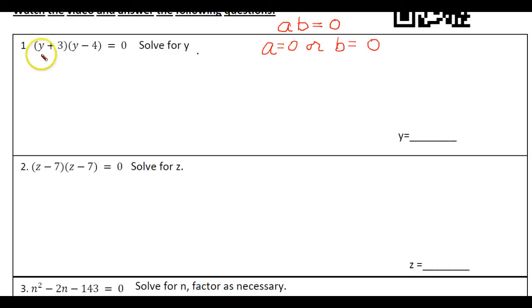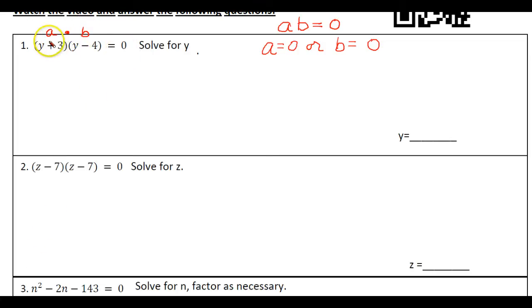So here we see a binomial, which we could think of as A, and this binomial that we can think of as B, and we have A times B equals 0.